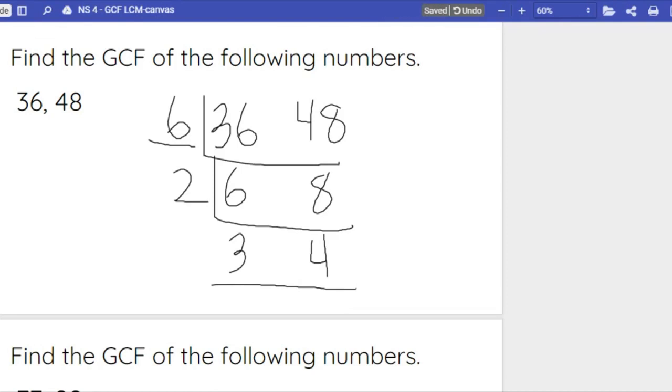Nope, the only factor is 1, so we're done. So again, to find my greatest common factor, I take what's out front and I multiply them. 6 times 2 gets me a greatest common factor of 12.